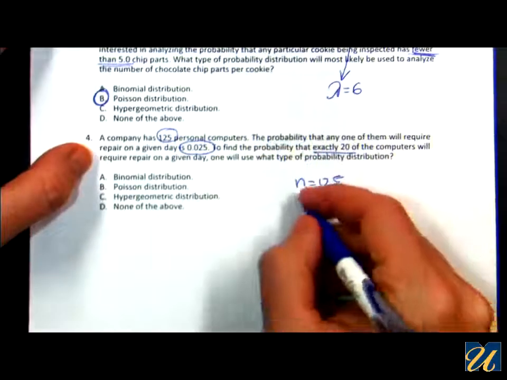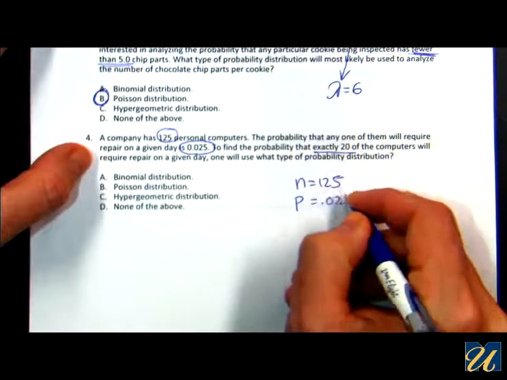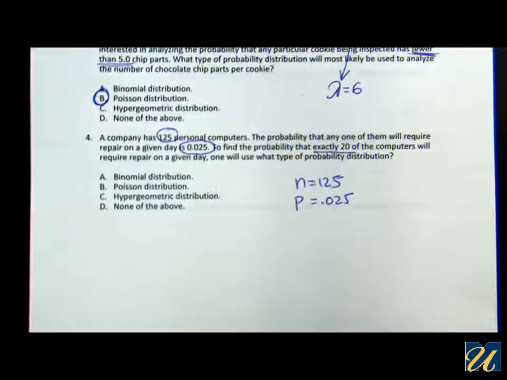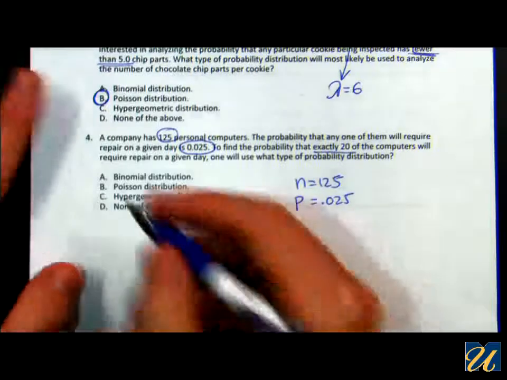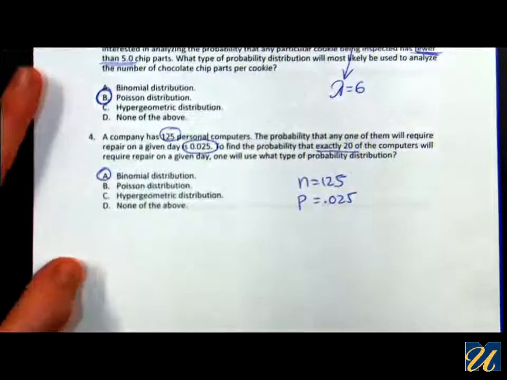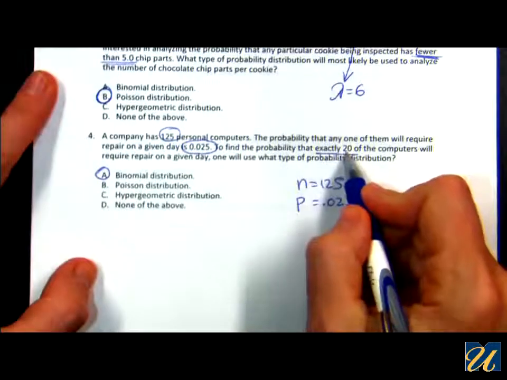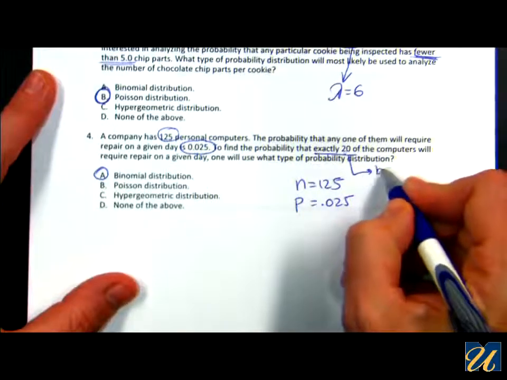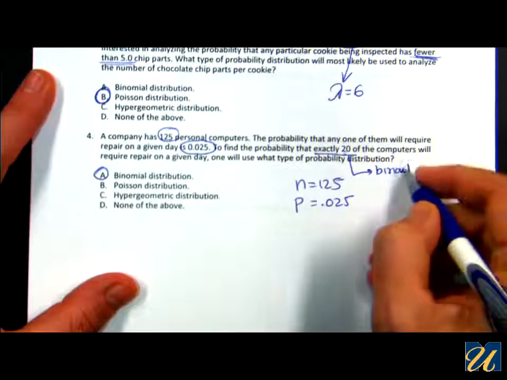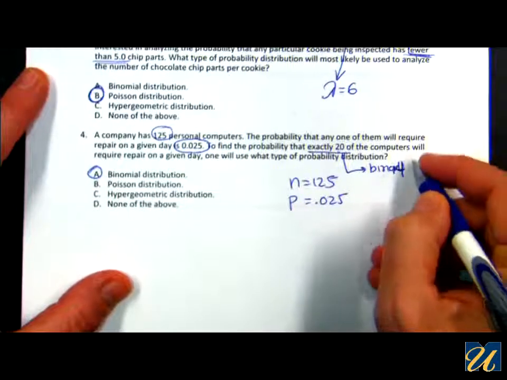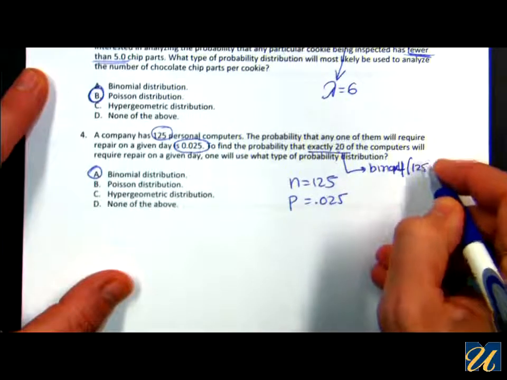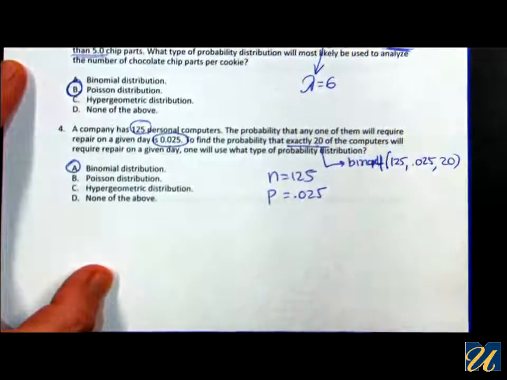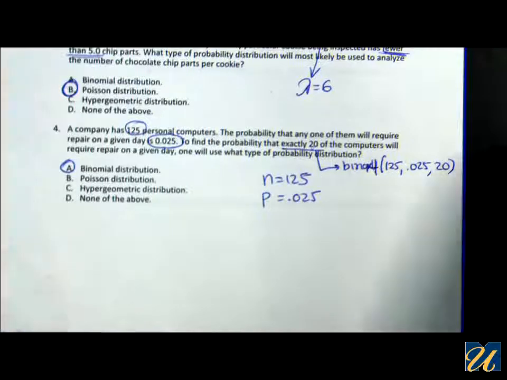We are given p, which is 0.025. So since n and p are given, this means we would use binomial distribution. And if you were looking to calculate this probability, you would do binomial PDF n, comma, p, comma, x. This is what you would need to do.